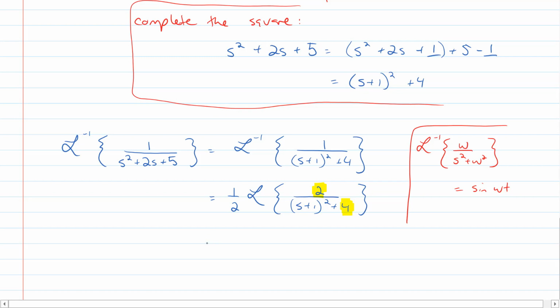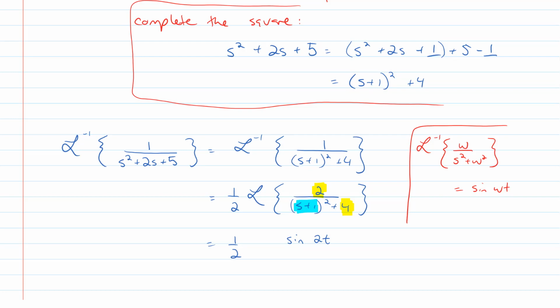So that's going to be 1/2, and we're going to have a sine of 2t, because omega here is 2, and then we're going to have to account for the fact that we have the s plus 1 here, so we're going to be multiplying by an e to the negative t.